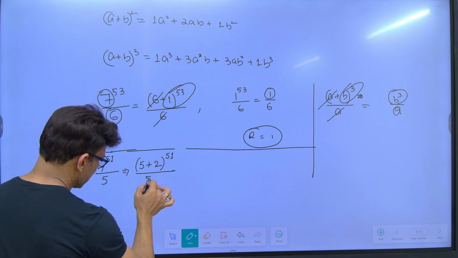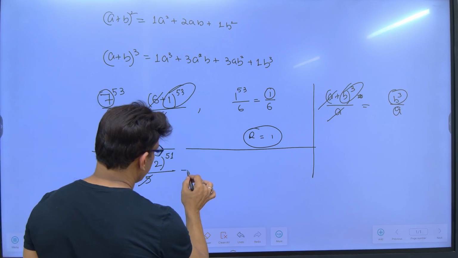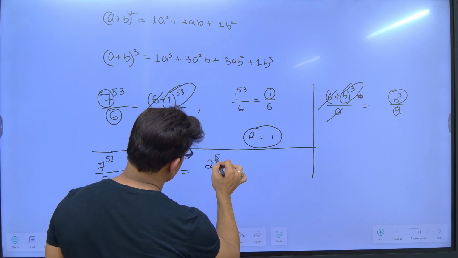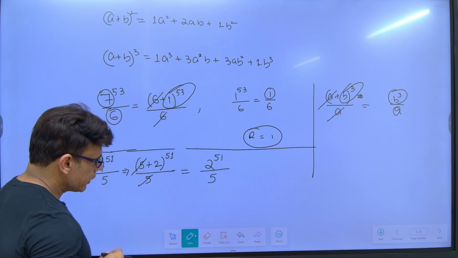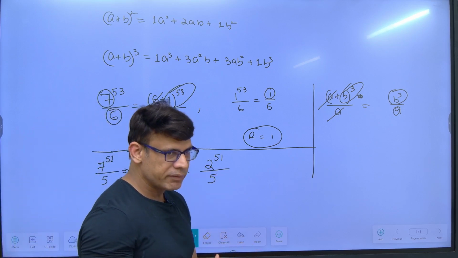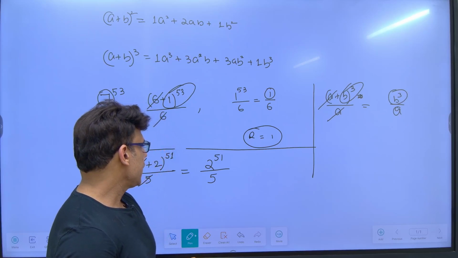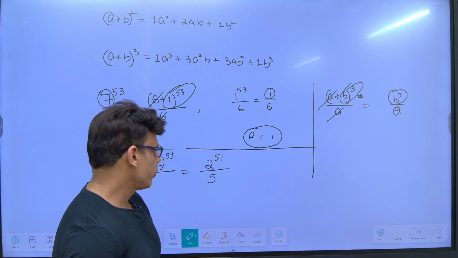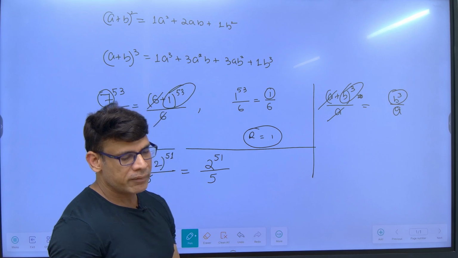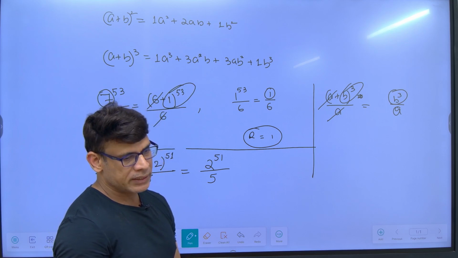Now when you expand this, 5 will cancel all integral multiples of 5. What it will not be able to cancel is 2 raised to the power 51, again divided by 5. Now this 2 raised to the power 51 is a very large number. So what we should do, again I have to take some power of 2 which is close to 5.